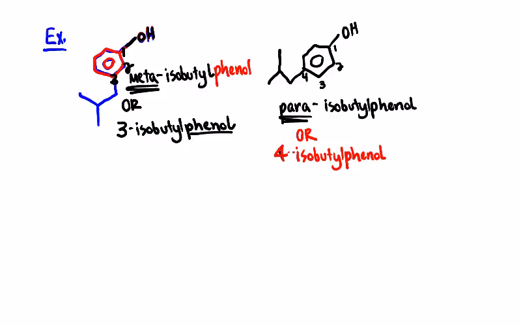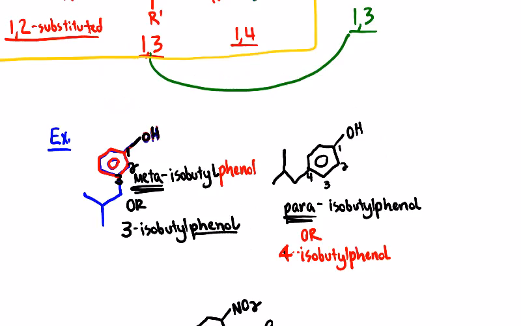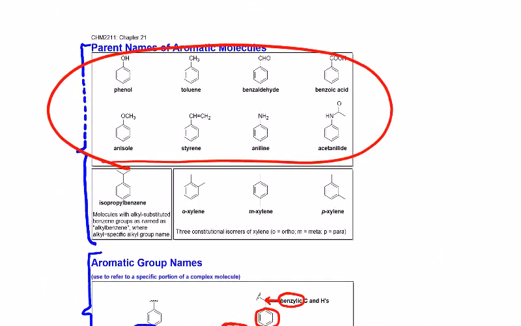So let's say hypothetically, we had this chemical structure. Looking at this, if we go back to our chart here of aromatic group names, you will notice that in our aromatic group structure, we had an aldehyde group.